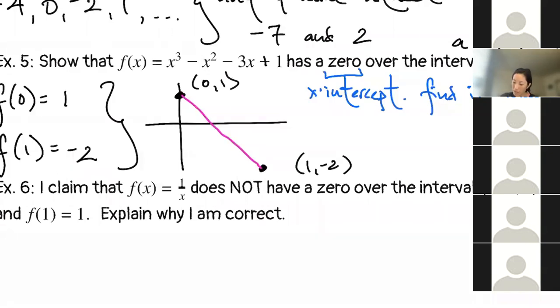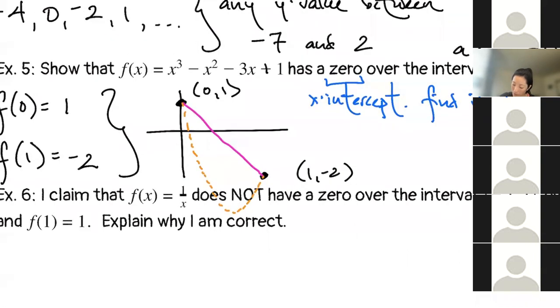I could connect them maybe like this. And it goes so far down that it actually goes past that bottom point and then comes back up. Alternatively, maybe it looks something like this, where it goes up first and then comes back down.